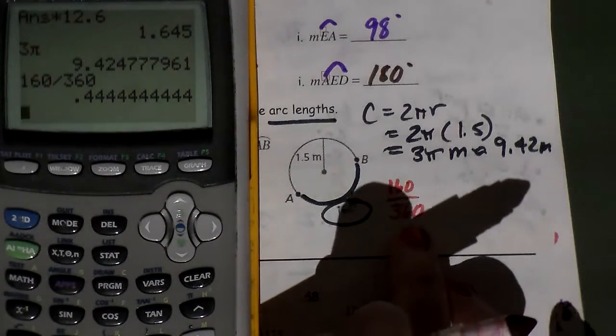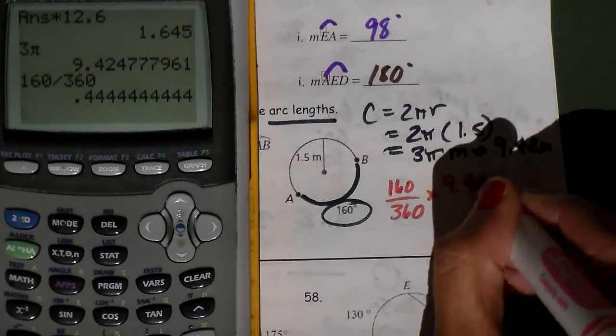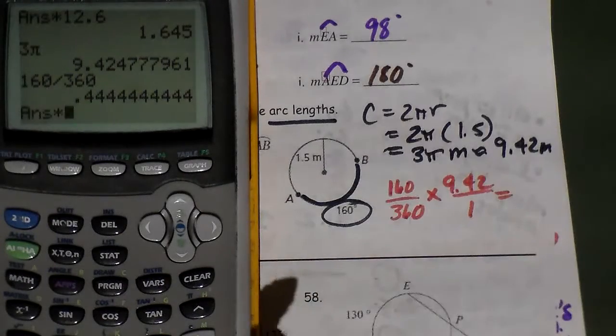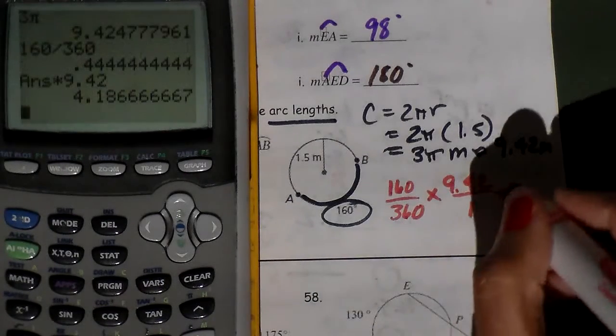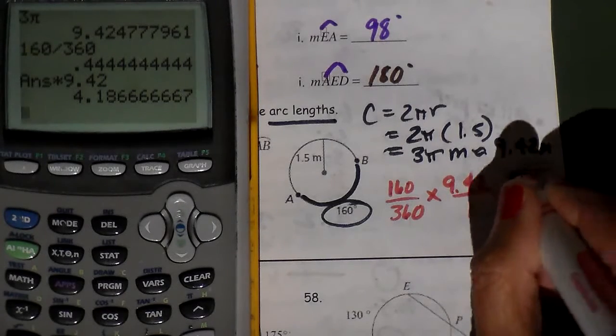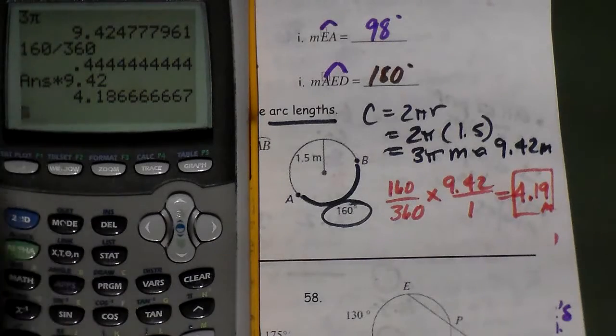That's basically what that represents. And I'm going to multiply that by 9.42. I'm going to get 44.4% of 9.42. And so that's going to be 4.19 meters. And that's how you do sector area and arc length.